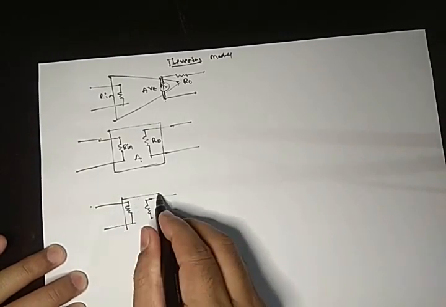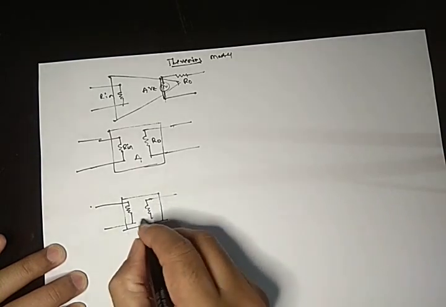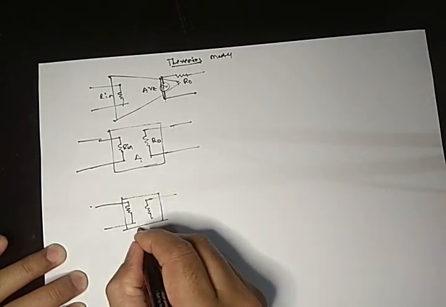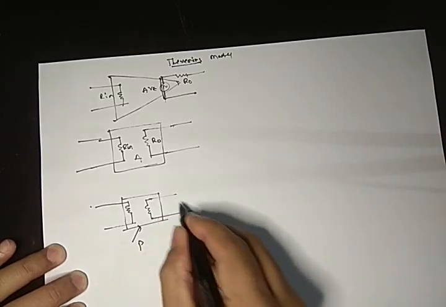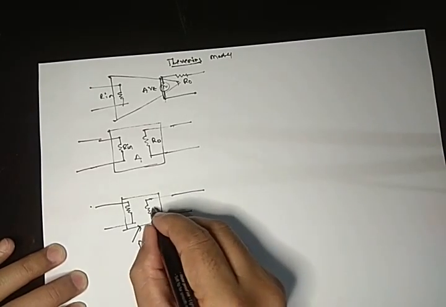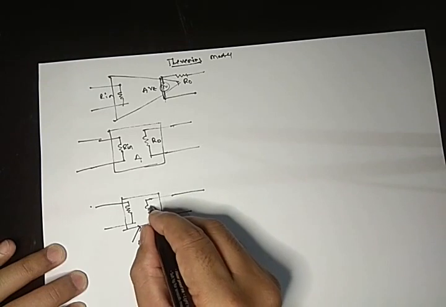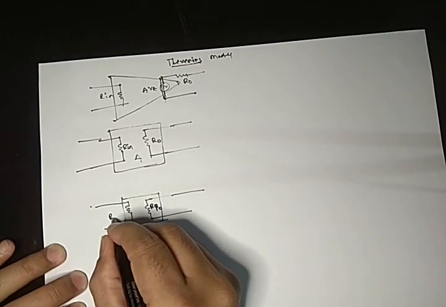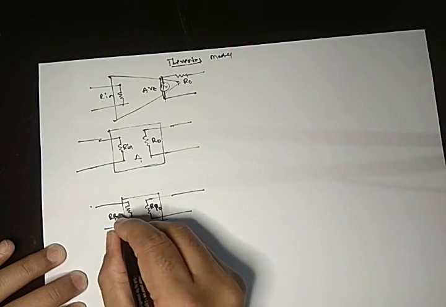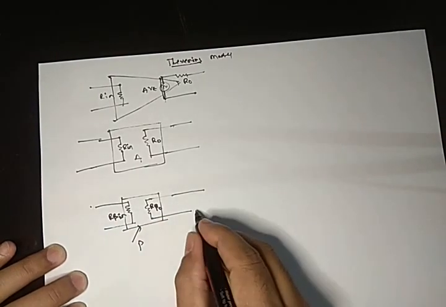This will be your beta. Now we can call this R beta in. This is the name we are given.